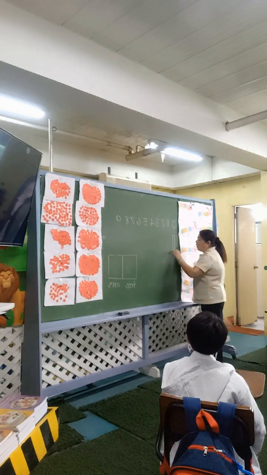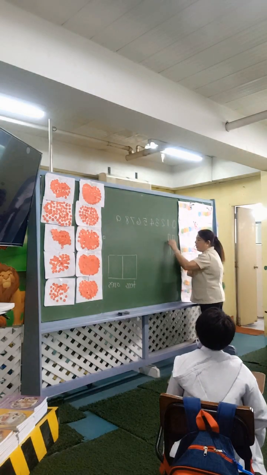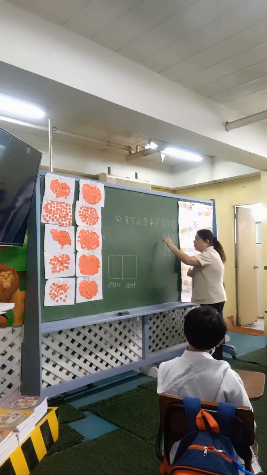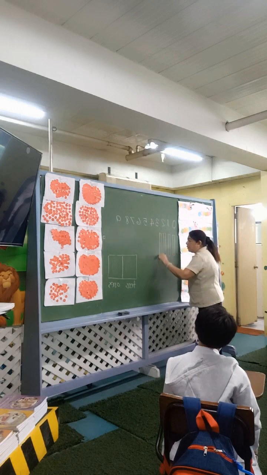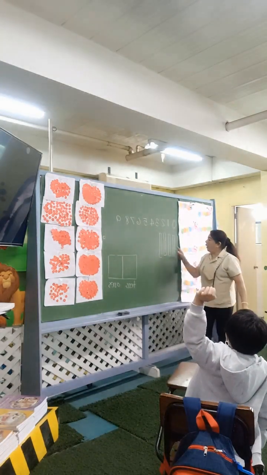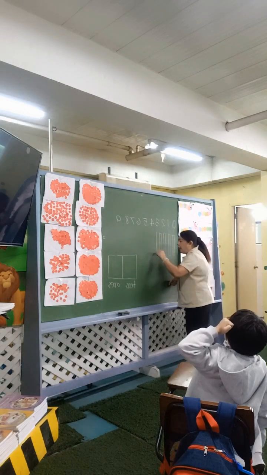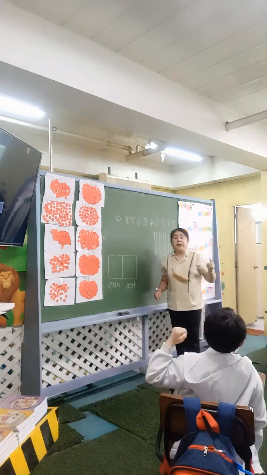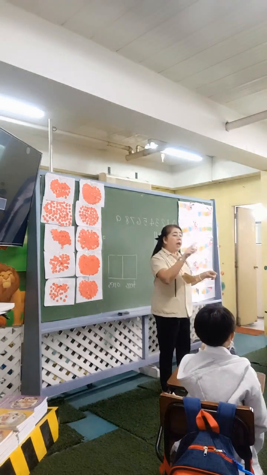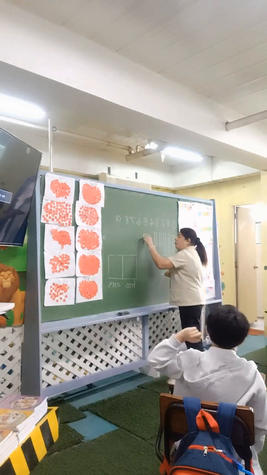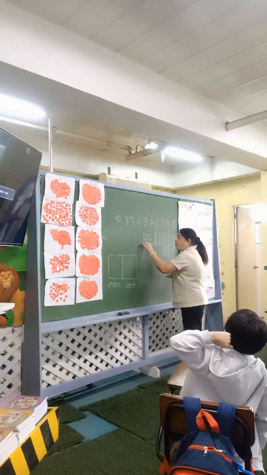I will draw condominiums. Look at my condominiums. Who lives in the condo? 1, 2, 3, 4, 5. Okay, let's have 5 condominiums. Who lives in the apartment? 1, 2, 3, 4.